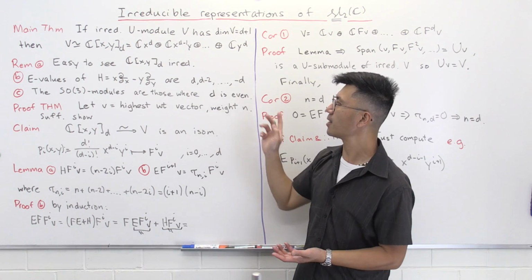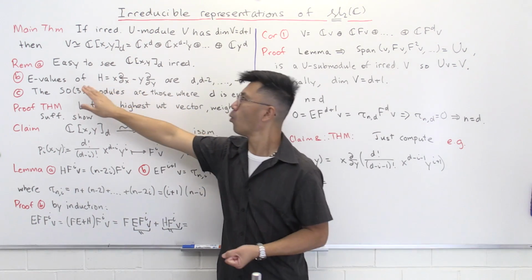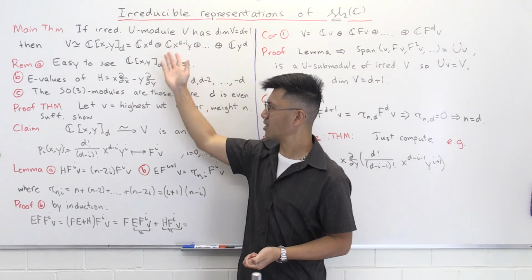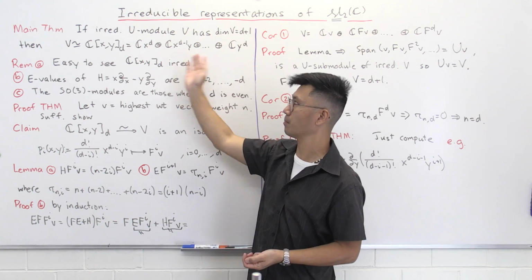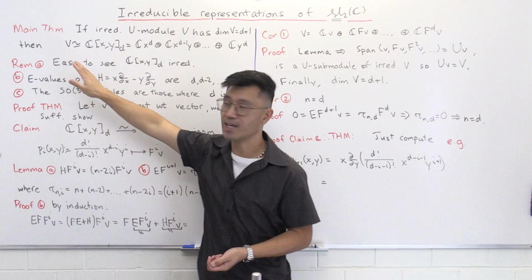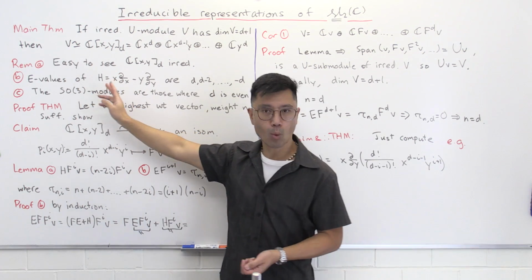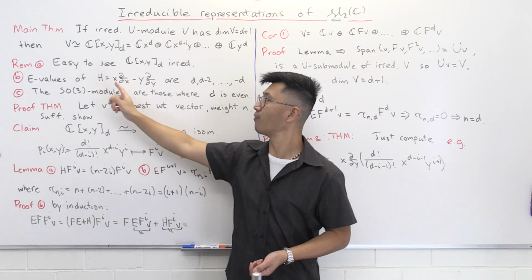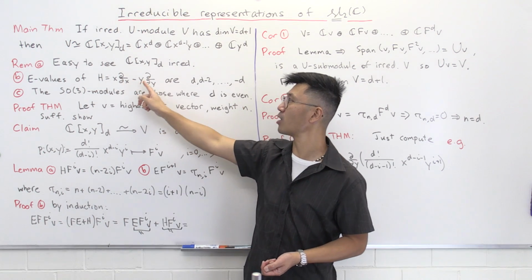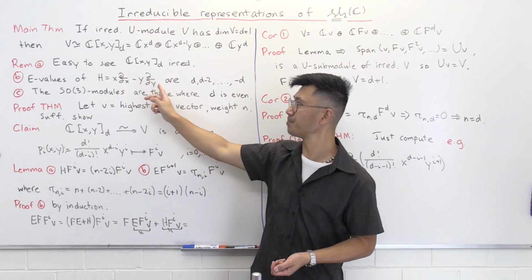The second thing is that one of the things we've been looking at are weight spaces, and I claim that this is actually the weight space decomposition of this module V. So what are the weight spaces? They're basically the eigenspaces of this H, and H was x d/dx minus y d/dy.